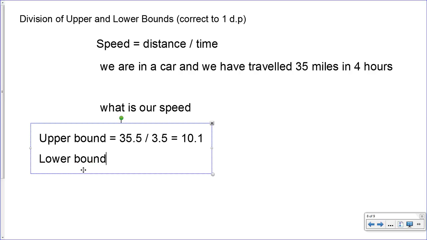The lower bound, what you want to do is get the smallest amount of cake that you can get, which in this case would be 34.5. And you want to divide that out to as many people as you can to get the smallest slices, which should be 4.5. That gives an answer of 7.7.